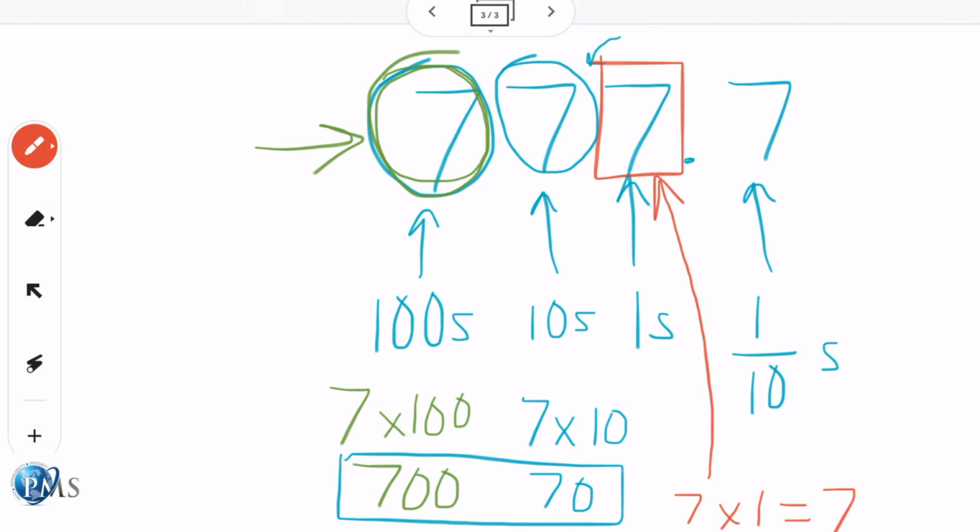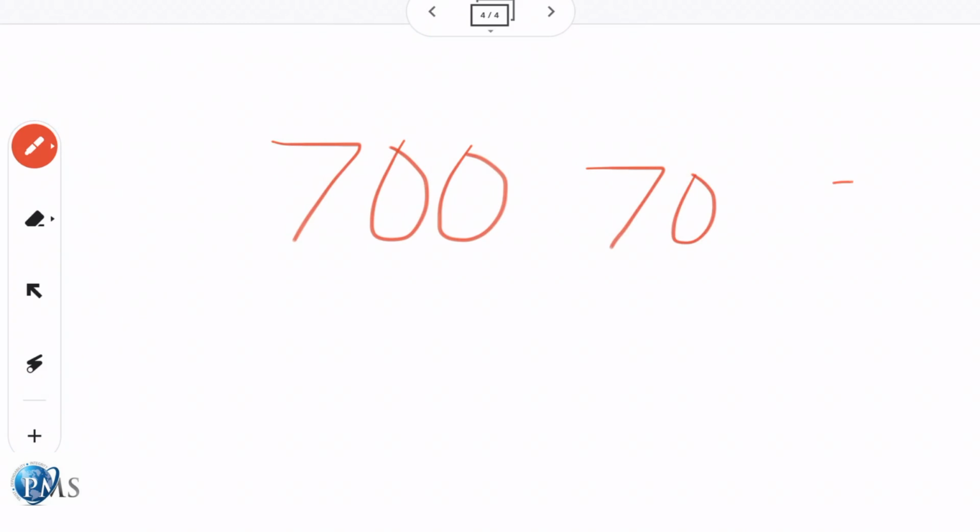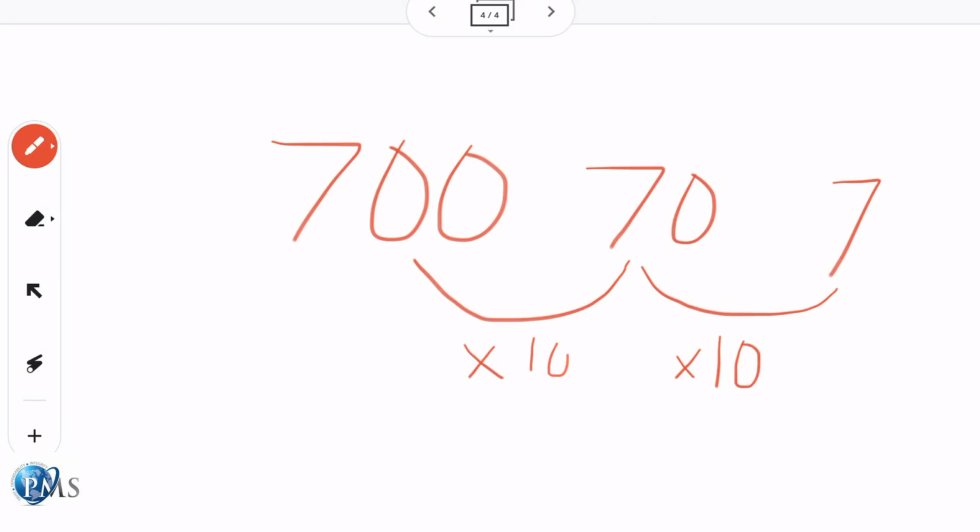Okay, so if you compare the numbers 700 to 70 to 7, well, in order to get from 7 to 70, you have to multiply it by 10. And then to go from 70 to 700, you multiply it by 10 again.